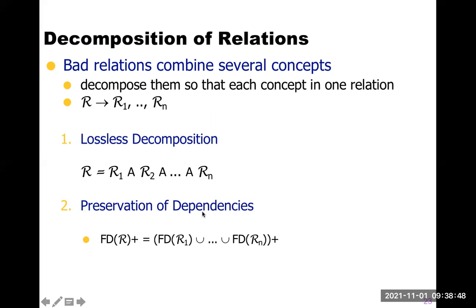And preservation of dependencies tells us that we need to preserve all the dependencies from the original relation. If the original relation is covered by multiple functional dependencies, each dependency may be checked only by the contents of a single table. If I have a dependency of columns A, B, and C, and columns A, B are in one relation and attribute C is in another, I can't check it.